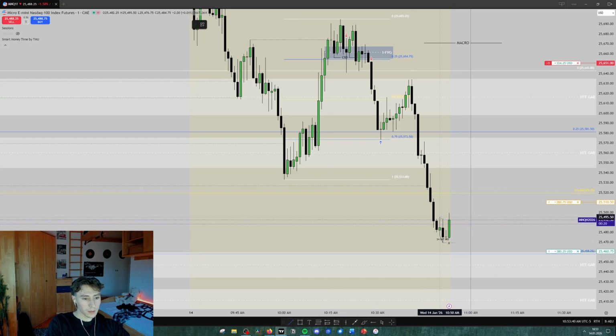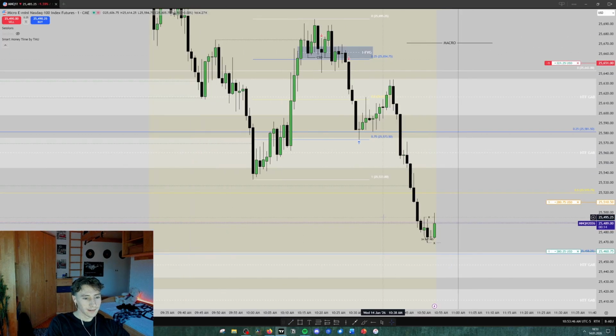So we engineered buy side liquidity right here, because as I explained, myself included, would trade a stop above the high right here, expecting that the order block right here would get utilized as resistance on price.